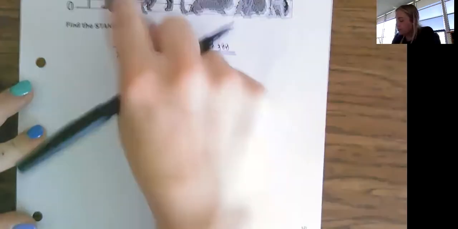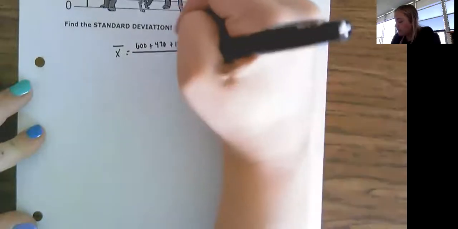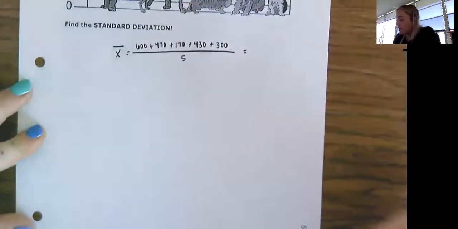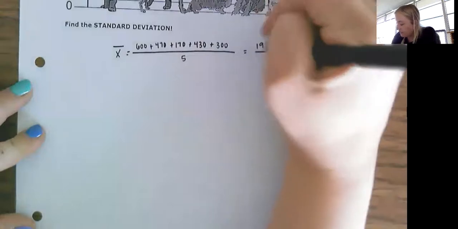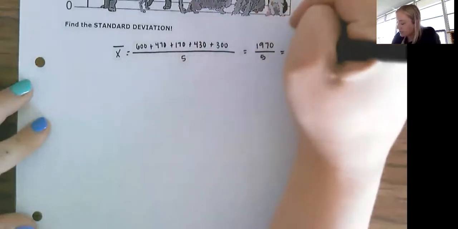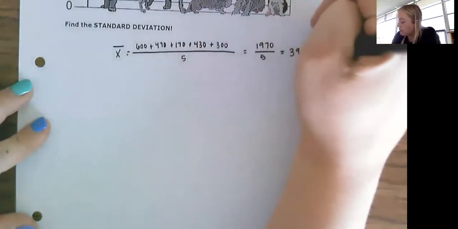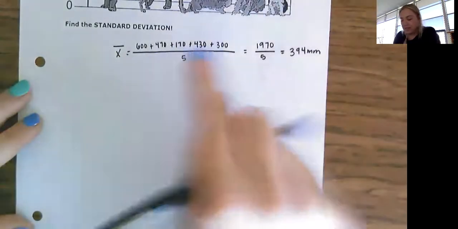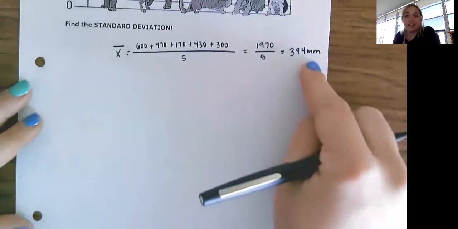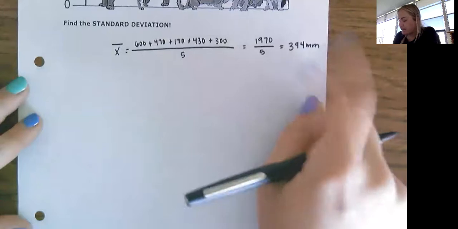And there were 5 dogs, so I'm dividing by 5. The sum of all those dogs is 1,970 divided by 5, and that is 394 millimeters. So we've got 394 millimeters as our average. That's the average height of these dogs.